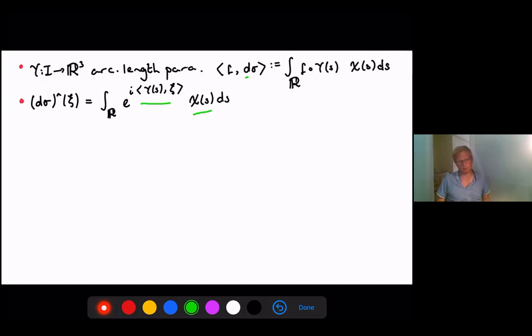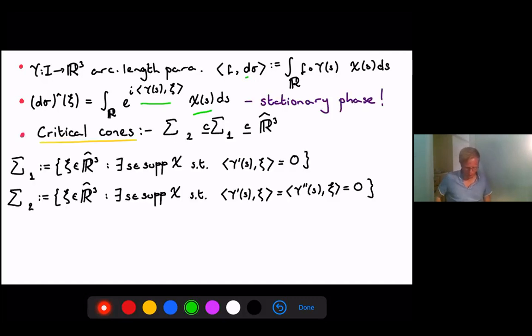We want to understand the size of this oscillatory integral, so we're going to apply the stationary phase method. The stationary phase method immediately points us in the direction of what I'll call these critical cones. We know that if this phase function does not admit any critical points, meaning the derivative does not vanish, then we're going to have rapid decay of this oscillatory integral.